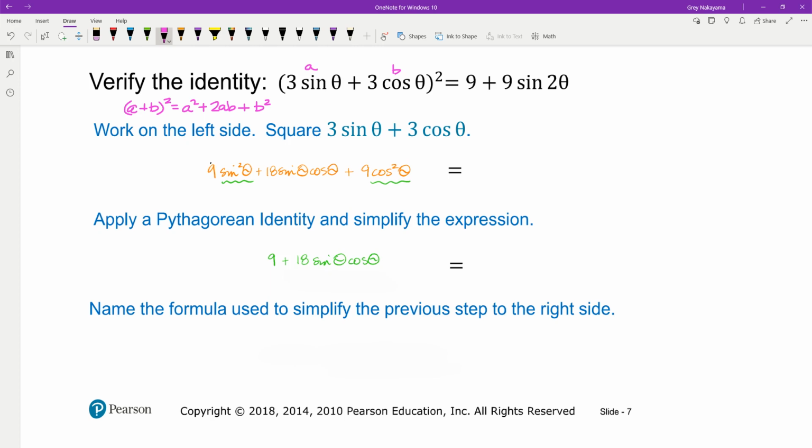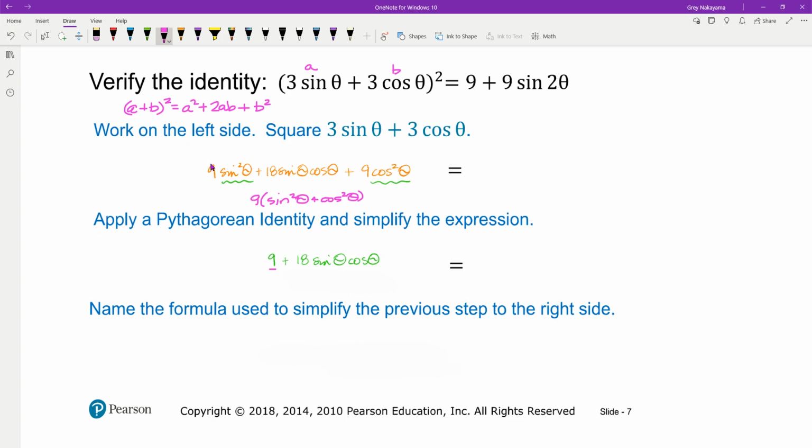And then I carry down the rest of the problem. Okay? So if you can't see that, basically what we've done is that's 9 times sine squared theta plus cosine squared theta. And what's in the parentheses is 1. 1 times 9 is 9. So that's how we get that 9 right there.